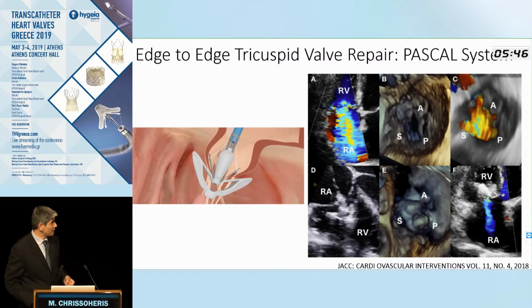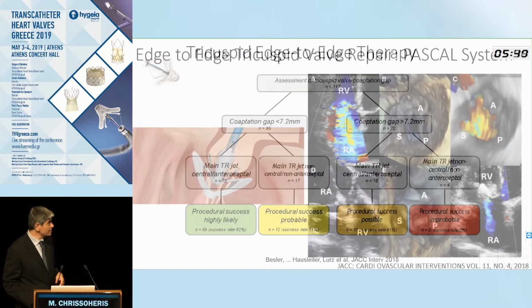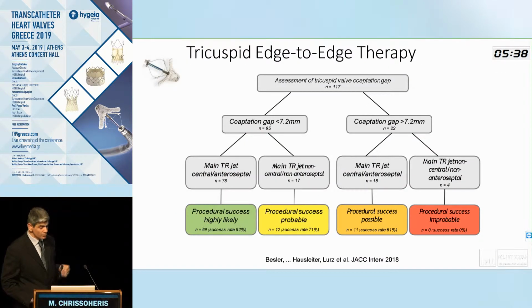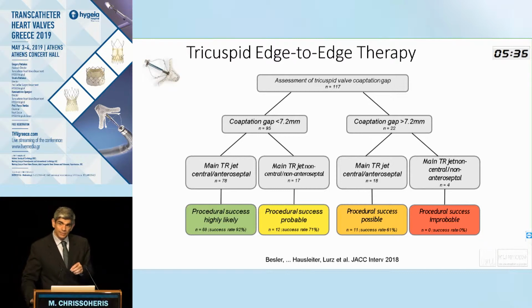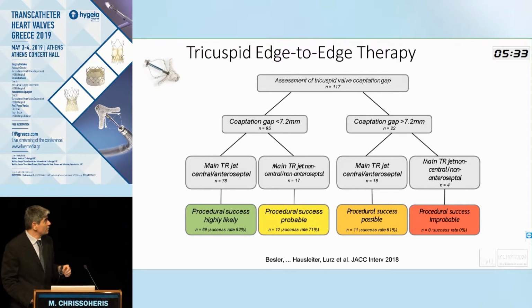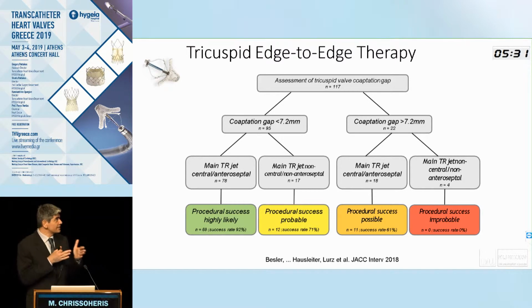PASCAL is another edge-to-edge spacer technique that also has had success in the tricuspid space, and we're anticipating further application. But we know that in order for edge-to-edge repair to work in the tricuspid space, we need to have a coaptation gap that's fairly limited, that we don't have big gaps. If the gap is more than 7.2 millimeters, then depending on the location of the jet, success may be difficult.